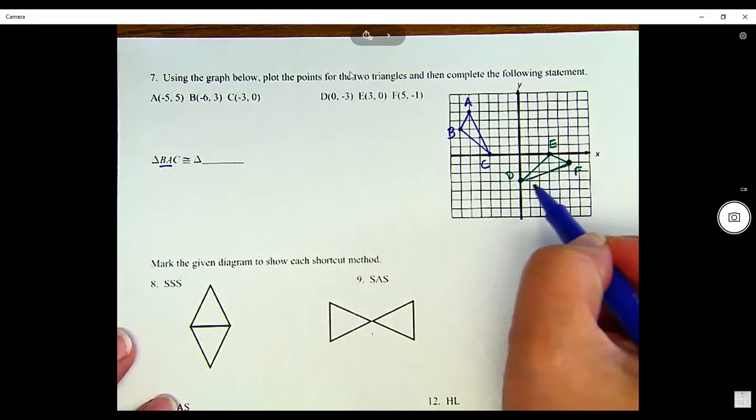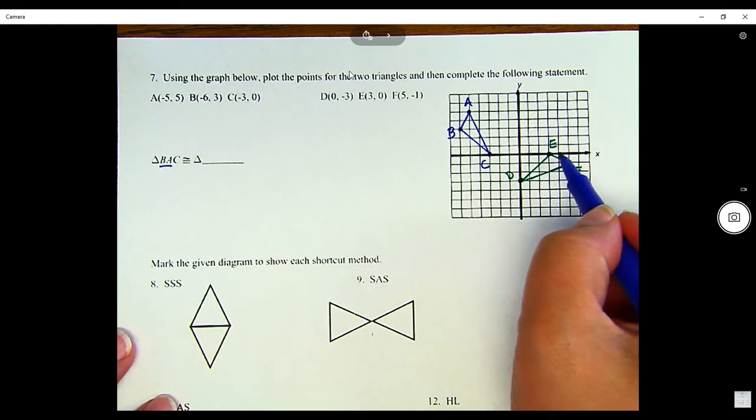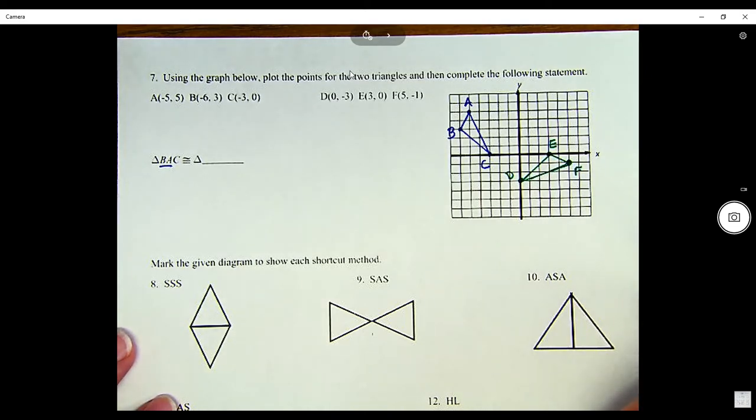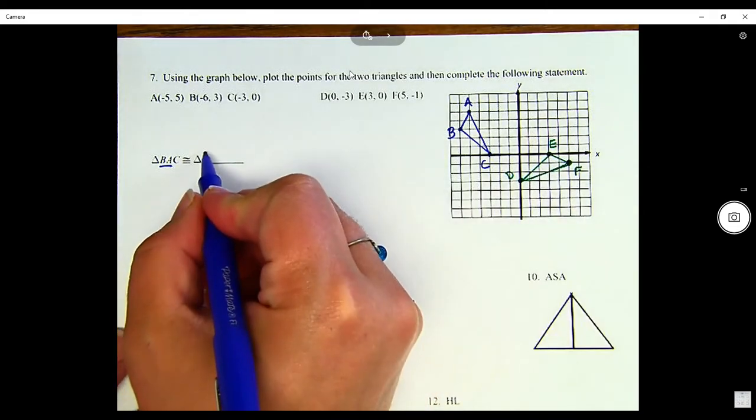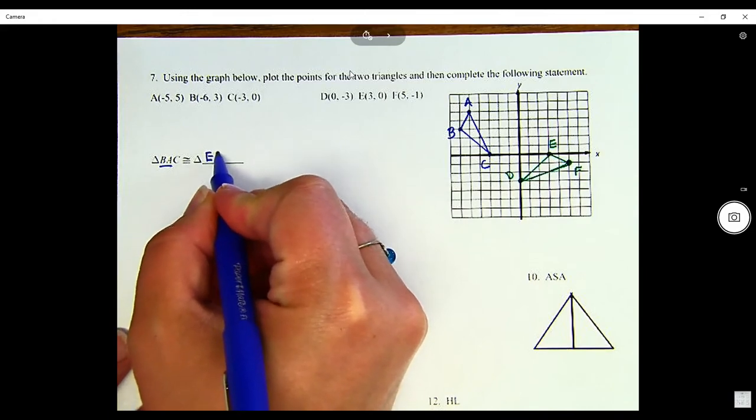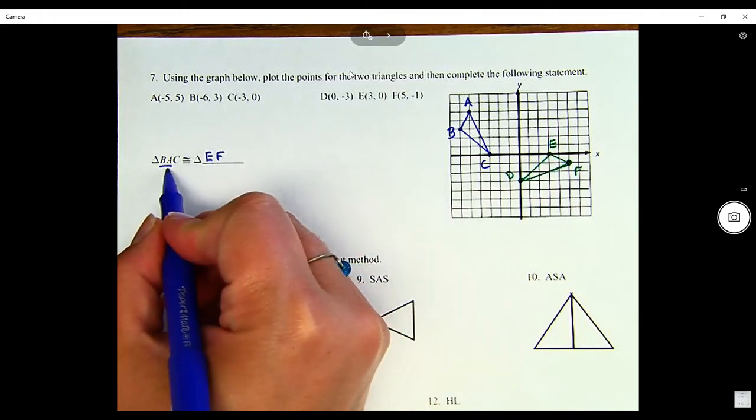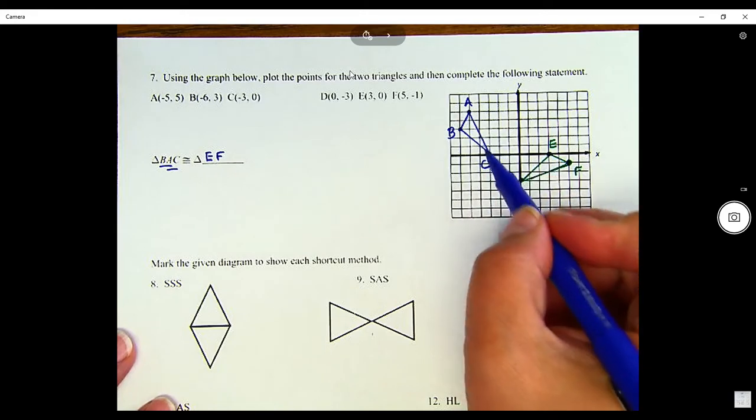On this other triangle, the length that's analogous to that one is this one that goes 2 by 1 again. So I'm going to say it's got to be E to F. And then the next part, A to C, is the longest side of that triangle.